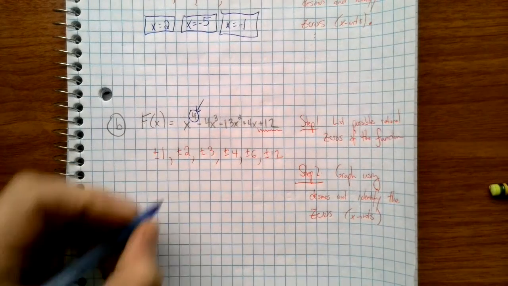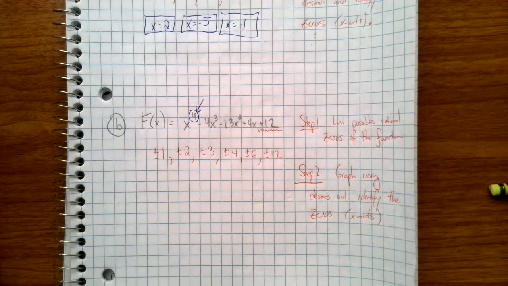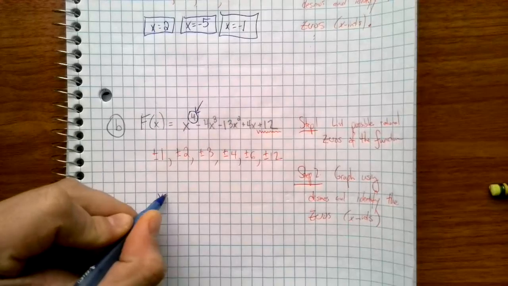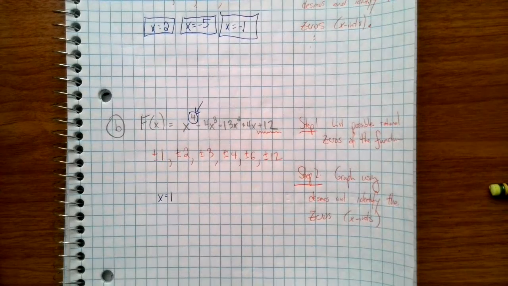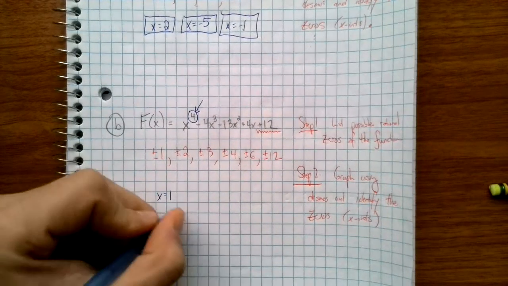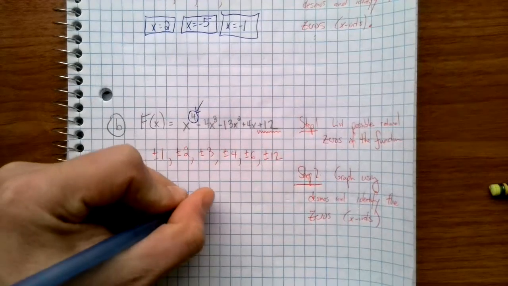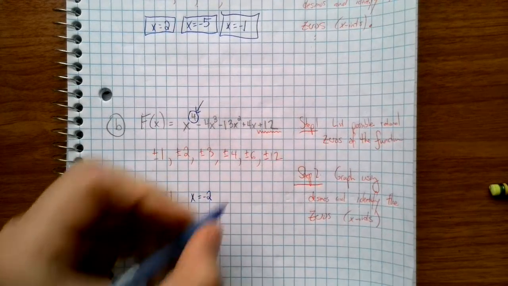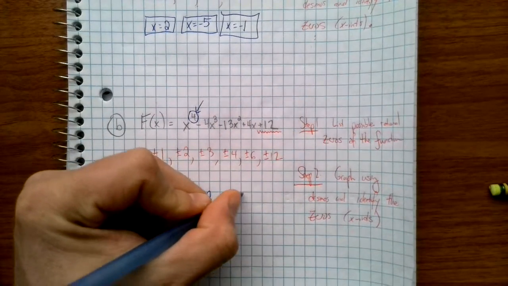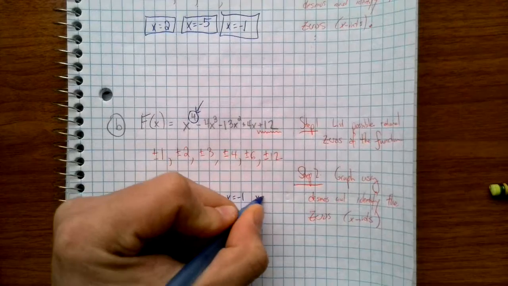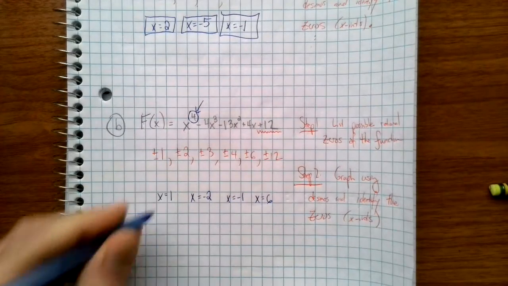Now that you've graphed your function on Desmos, hopefully you saw that the function crossed the x-axis at 1, at -2, at -1, and at +6.